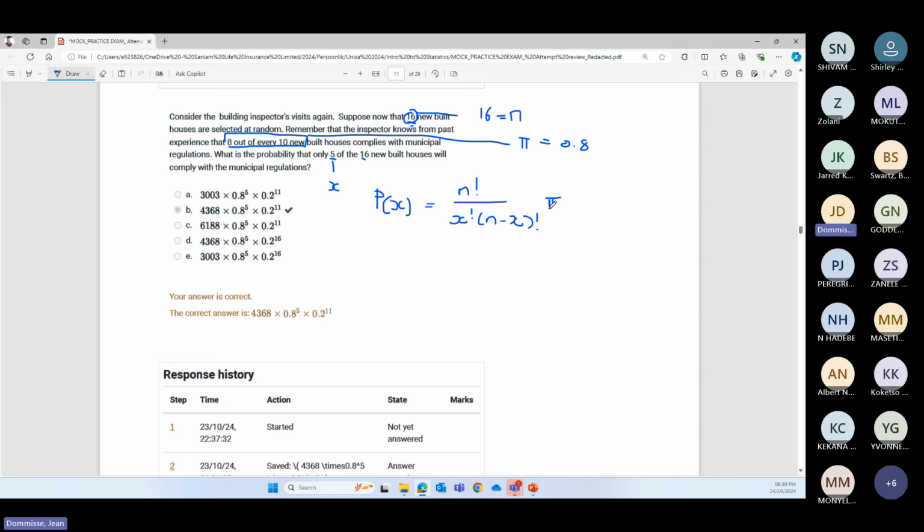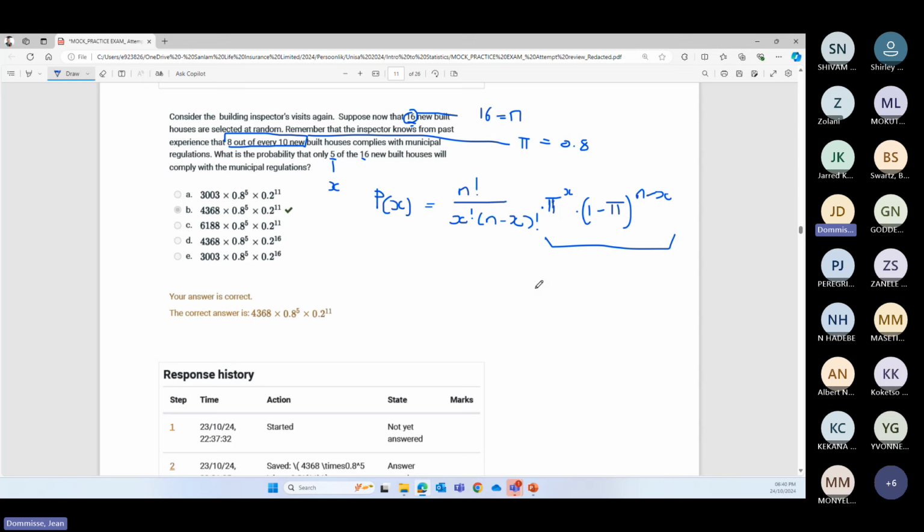So let's just write it out a bit bigger. So then it's multiplied by that to the power of x, and then 1 minus that to the power of n minus x. So I would always look at these last two components first.